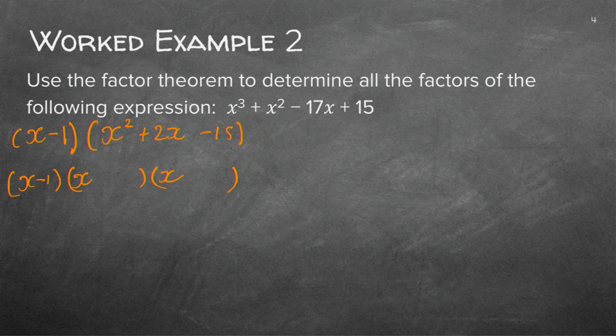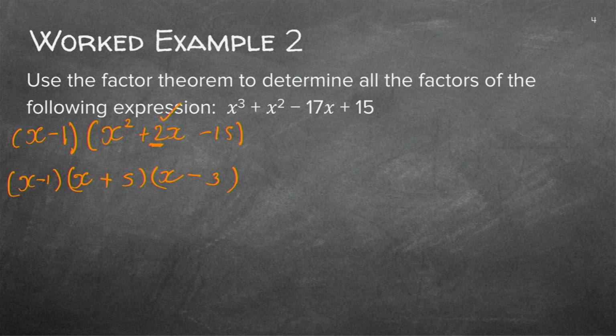Now, factors of the last term, that when you add or subtract them, they must give you a positive 2. Factors of 15, that when you add or subtract them, they give you a positive 2. So that should be 5 and 3. Now, what matters now is the signs. So since we're trying to create a positive number, it means the bigger number must have a positive sign while the other value has a negative sign.